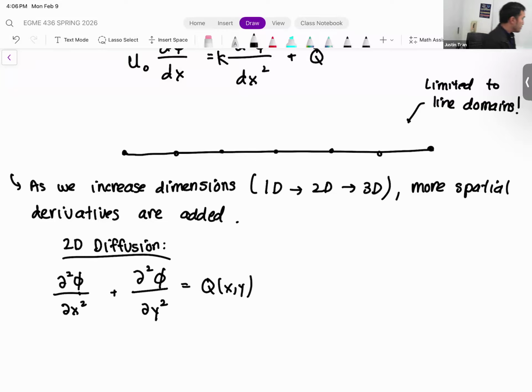So we have our derivative in x, derivative in y. In this case, we're adding them together, and that equals a source term. And then we can look at the same equation in 3D, where you can probably guess what we're going to do. We're going to add a z derivative to this equation.